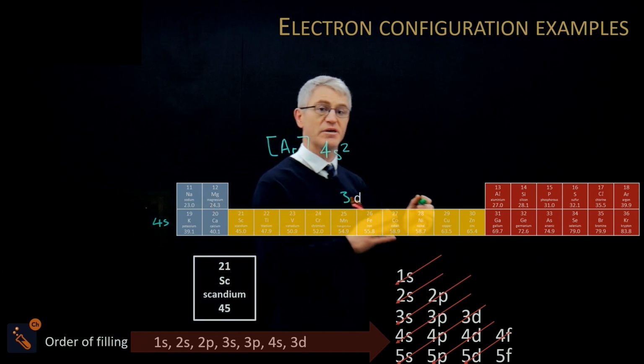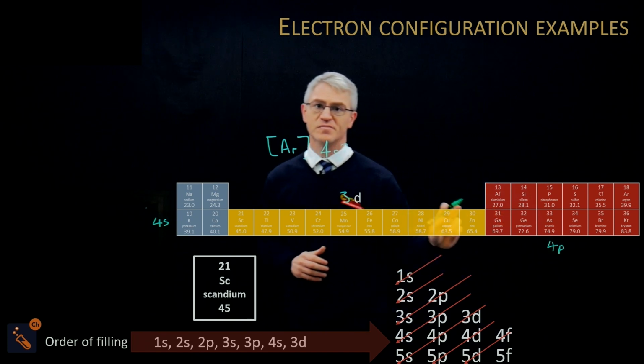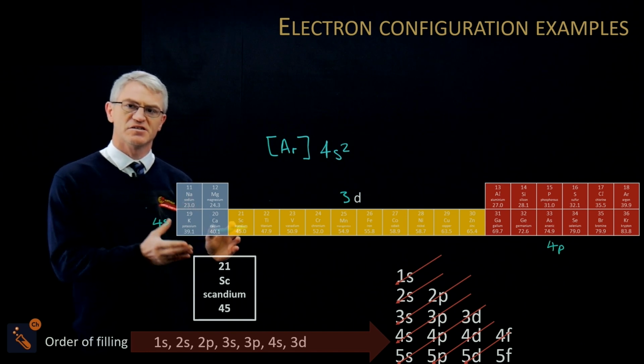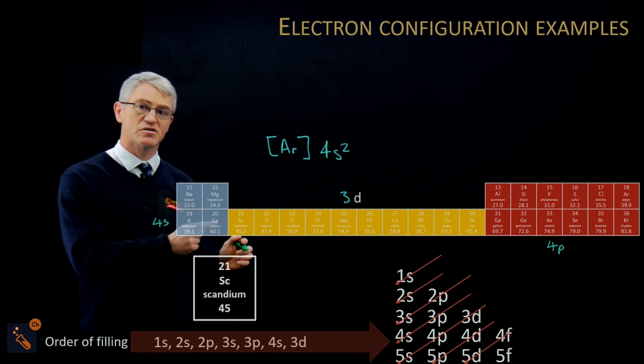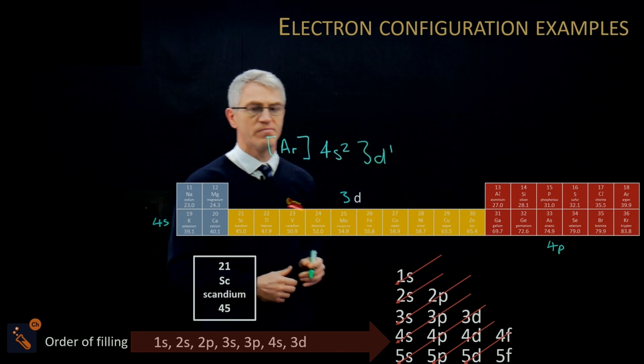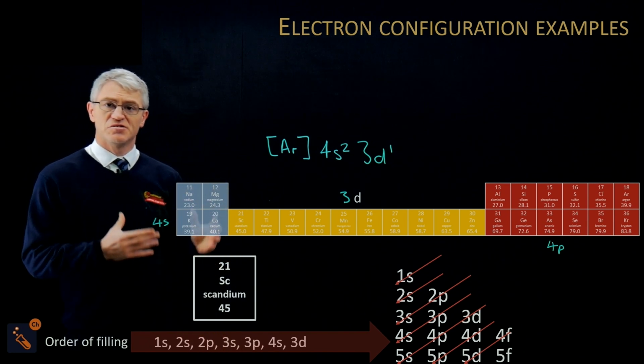And just to make it clear, this bit right here is my 4p. So we've got 4p, 3d, 4s. Here we have 1 electron because it's only 1 box. So all we do is 3d1, and that is how you do the first configuration.